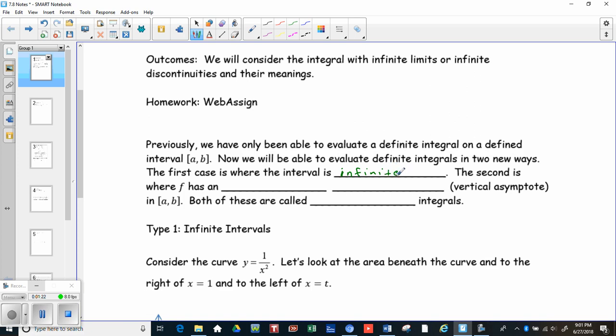And the second one is when you have what is called an infinite discontinuity, or in other words, a vertical asymptote. Both of these are what are called improper integrals.